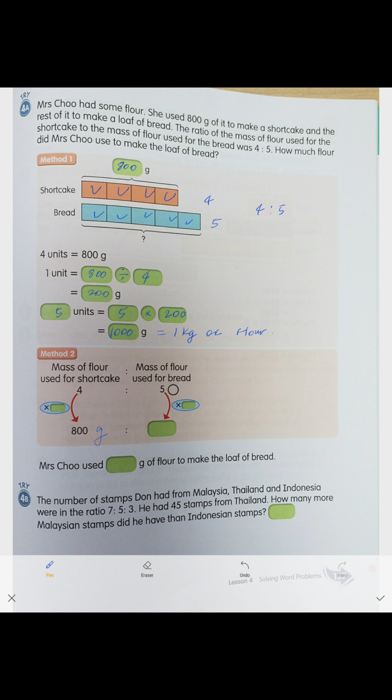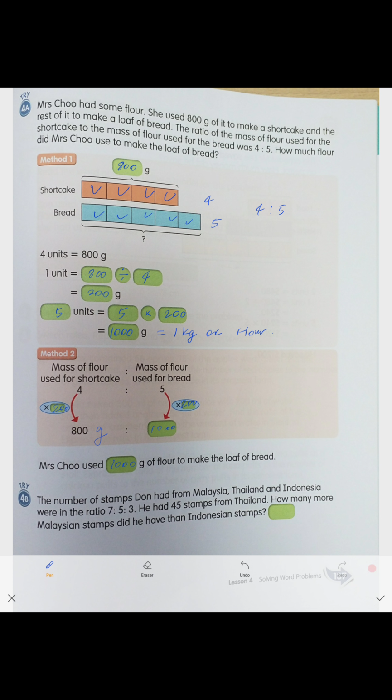So how much is 5? So we find the common factor first, right? The common factor is 200, so it's going to be 200 here. And 5 by 200 is 1000, right? Very simple. Mrs. Chu used 1000 gram of flour to make the loaf of bread.